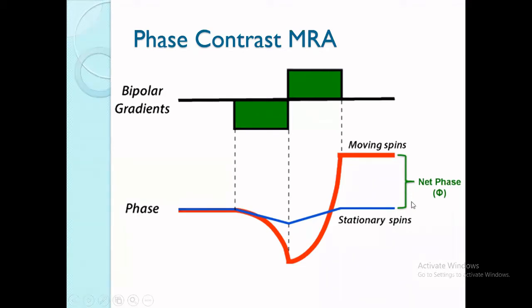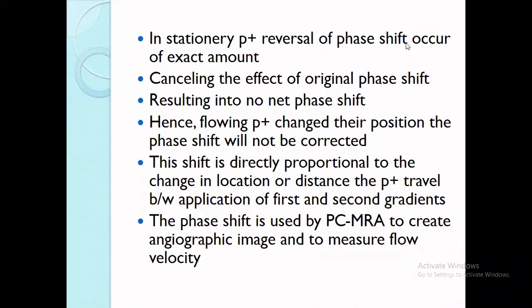This is the initial condition where they will appear as a darker one, and this change actually represents that the moving will be having a brighter appearance. So this particular phenomenon gives us a difference, and the appearance of the stationary and that of the moving one will be different as well. So this type of imaging is called phase contrast.